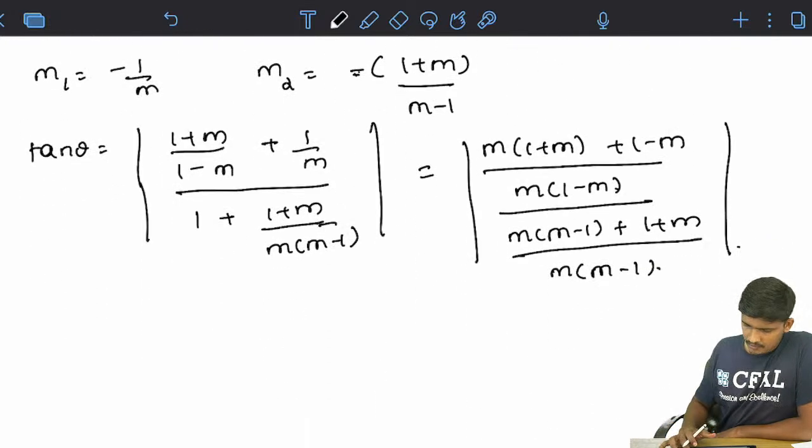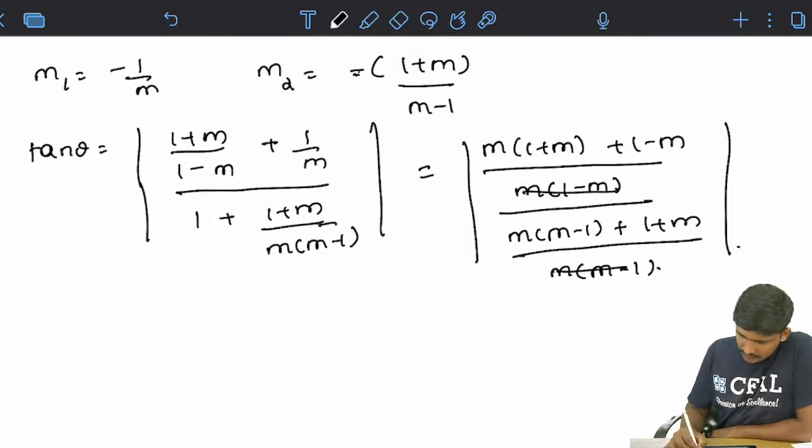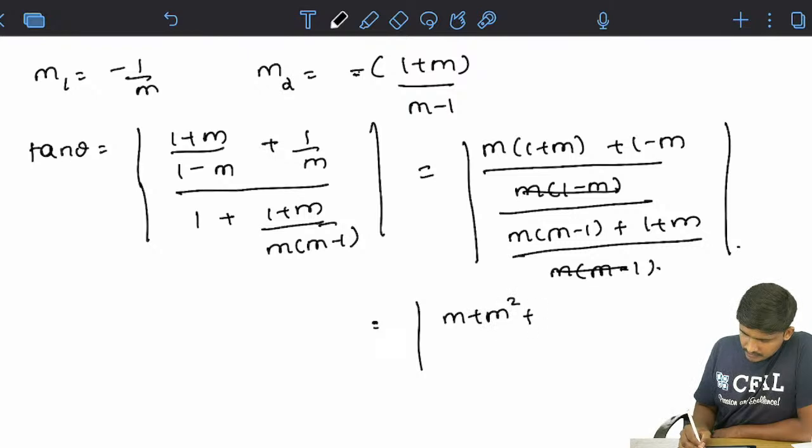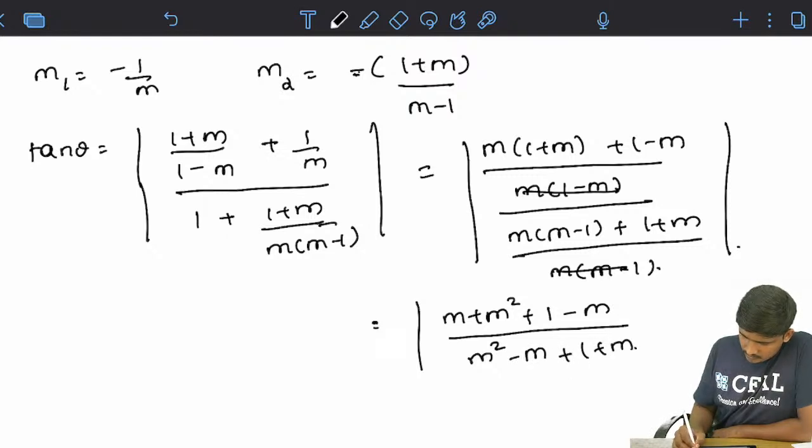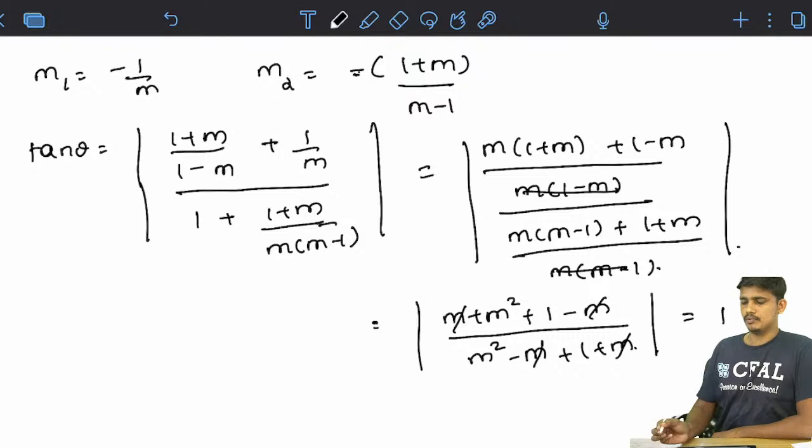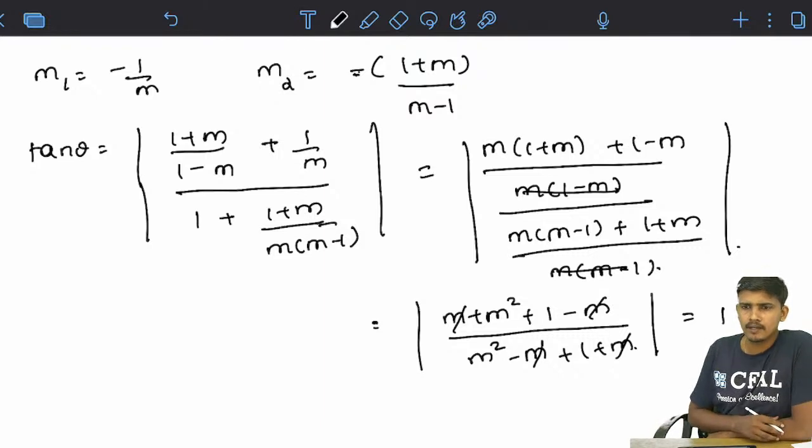Okay, fine. So many things get cancelled here. Let us simplify this. This will be equal to m plus m square plus 1 minus m divided by m square minus m plus 1 plus m. Happily many things get cancelled here, right? So ultimately we'll get this to be equal to 1. So what does it imply?